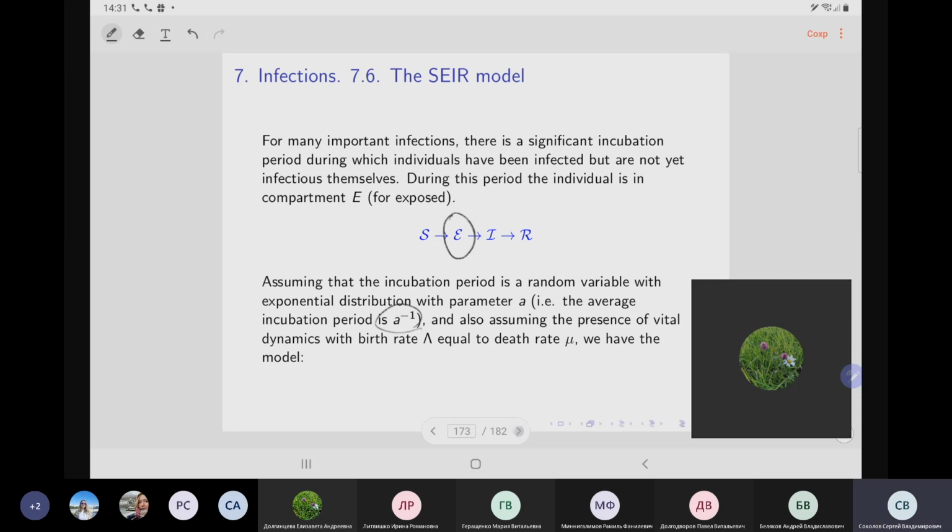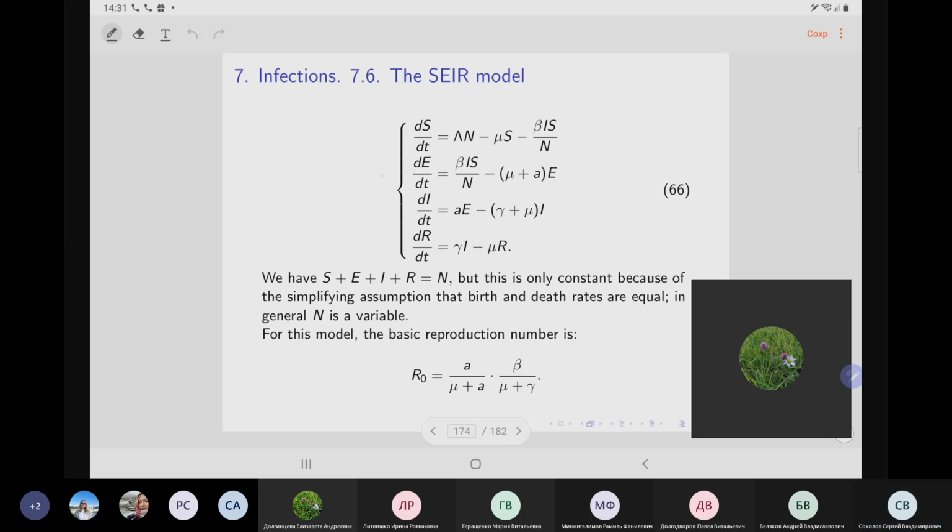So far, the equation for exposed takes the following form. Mu is our usual death rate, lambda is birth rate, and we see that after contact of infected and susceptible, the individuals become exposed.